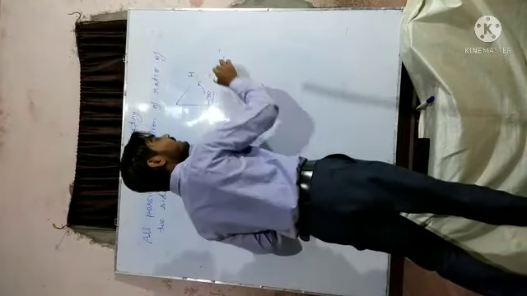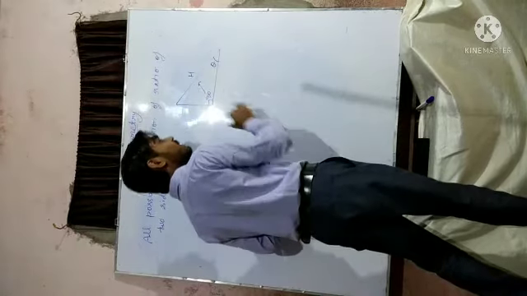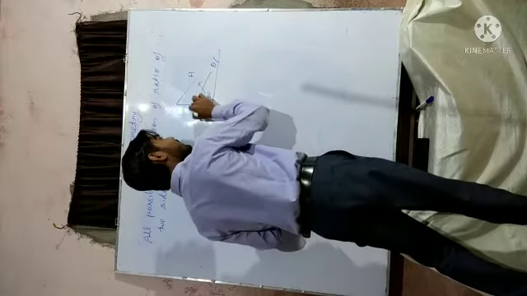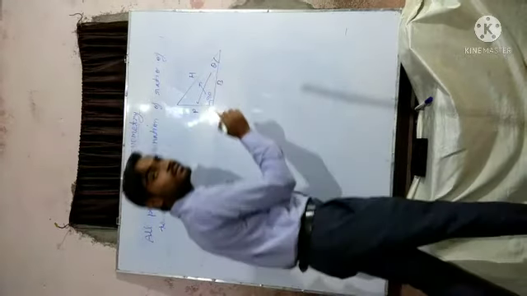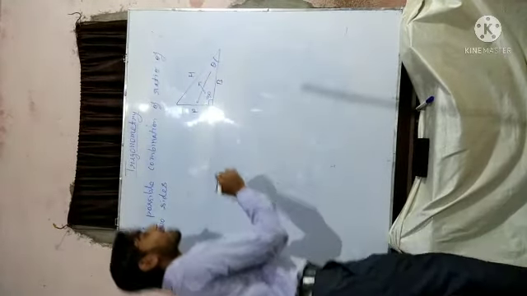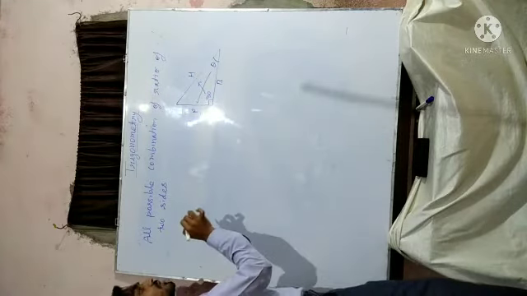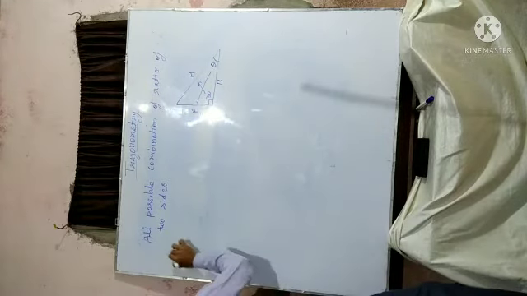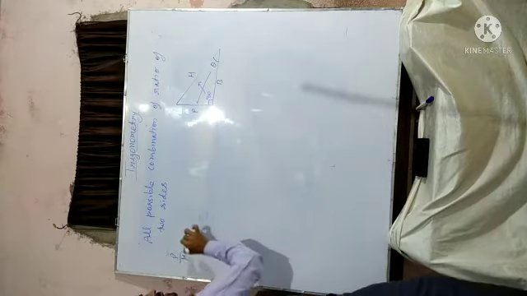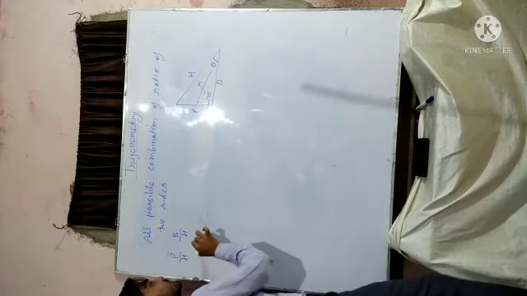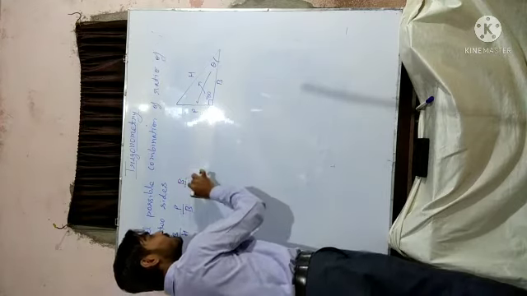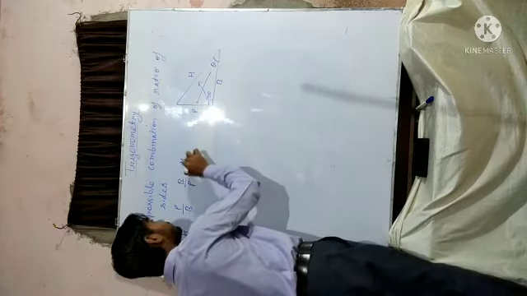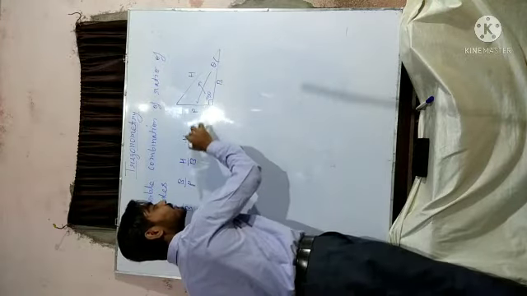So in front of this the side is the hypotenuse, and if we take the angle of reference theta, then the opposite side is the perpendicular, and this is the side adjacent to the angle of reference, so this is the base. And all possible combinations of ratio of two sides: first is P upon H, second if we take B upon H, third P upon B, B upon P, H upon B, and H upon P.